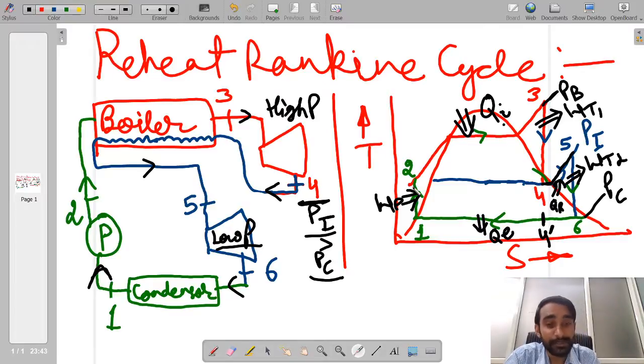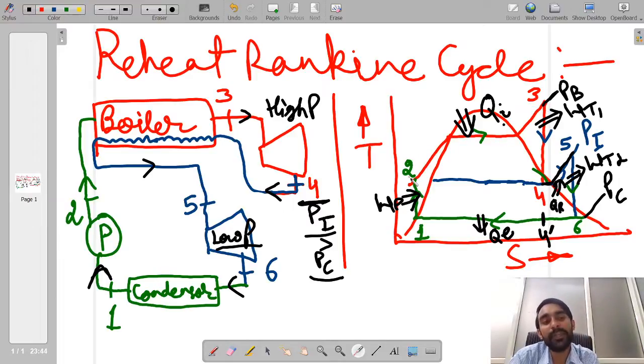However, if we compare to our highest temperature cycle, it means the mean temperature of heat addition during process number 2 to 3, we will find that the mean temperature of heat addition during process 4 to 5 is less in comparison to that during process 2 to 3.